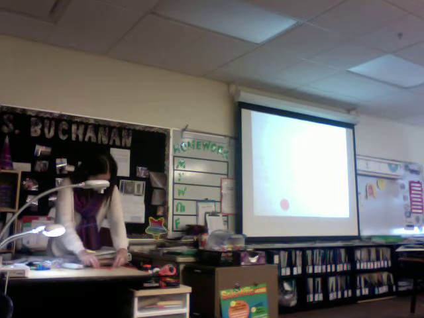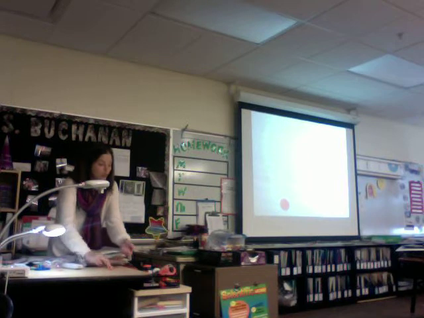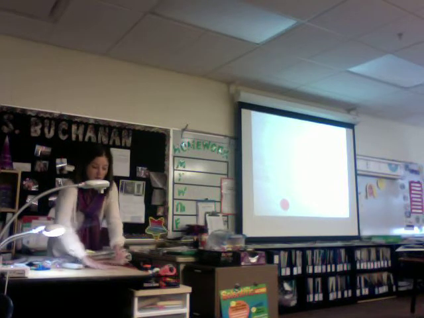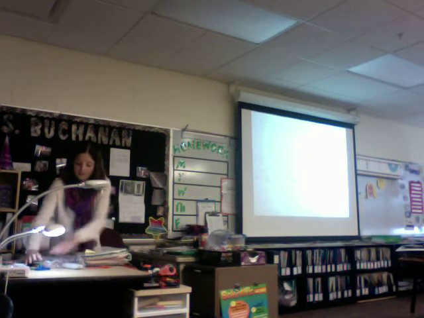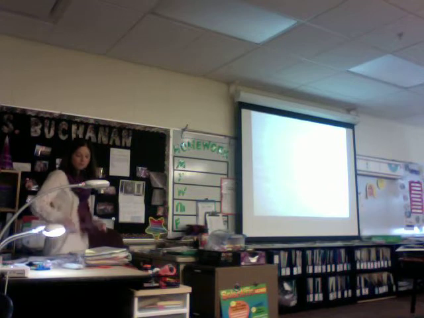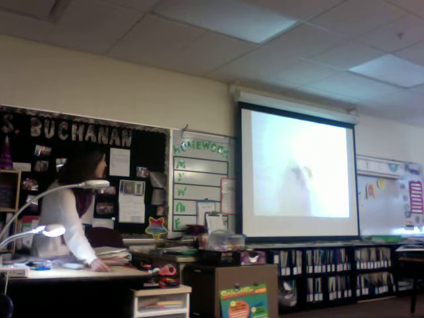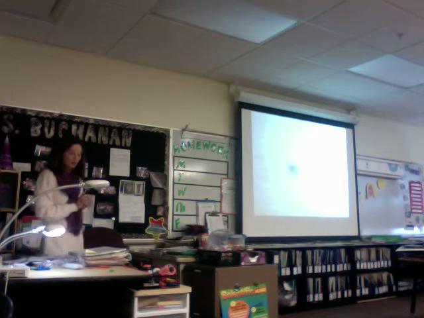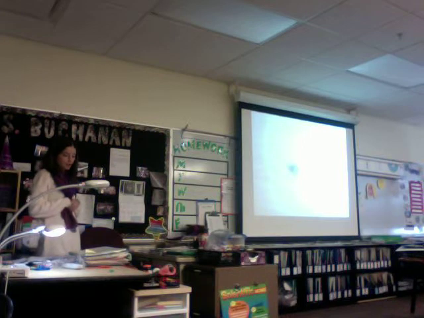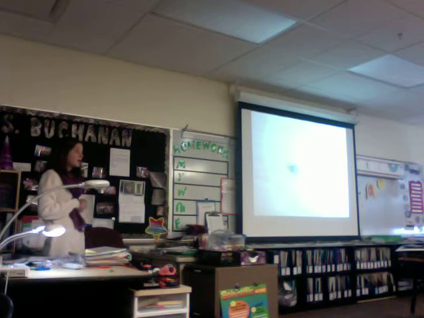Listen up. I'm going to use some shapes to show you, because this is what you'll be using for your improper fractions. So say this triangle right here is 1/3. What shape is then just 1?